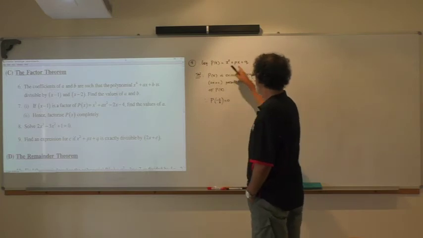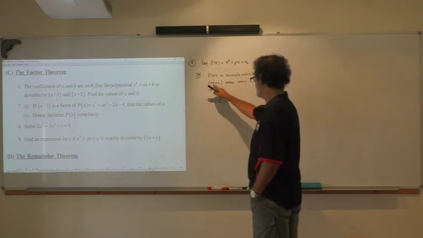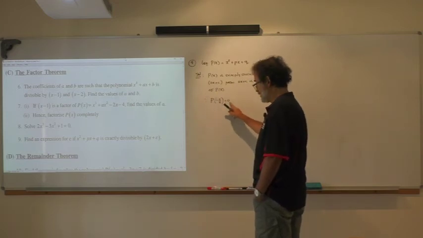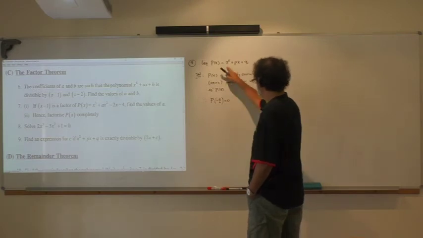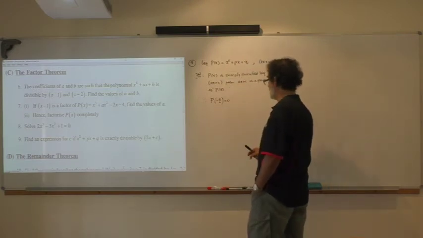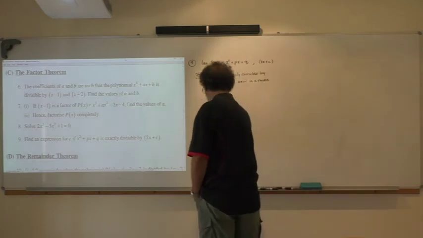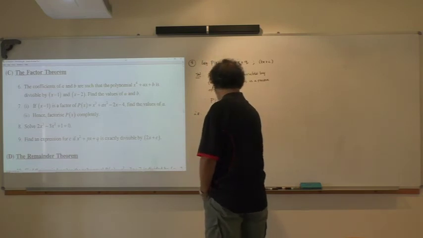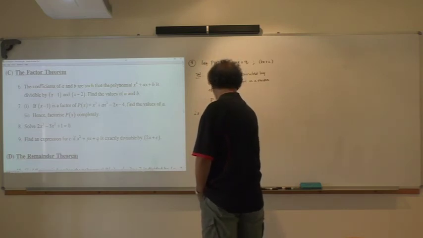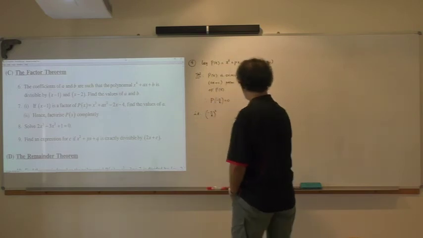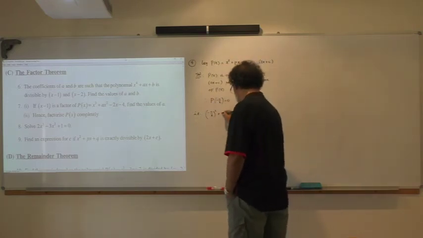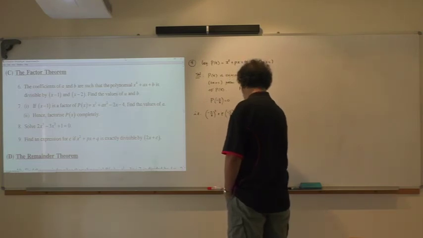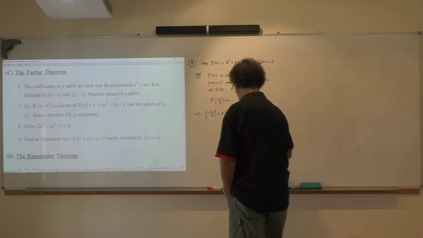Okay, so this polynomial is exactly divisible by 2x plus c. So therefore, p of negative c on 2 is equal to 0. We're going to substitute that in here, make that equal to 0, and find the answer for c. So then we have minus c on 2, squared, plus p multiplied by minus c on 2, and then plus q equals 0.